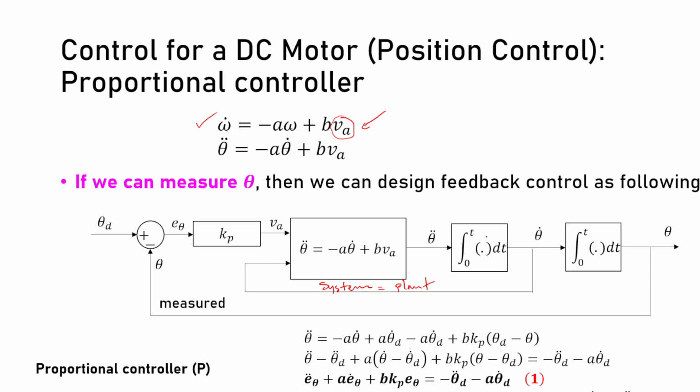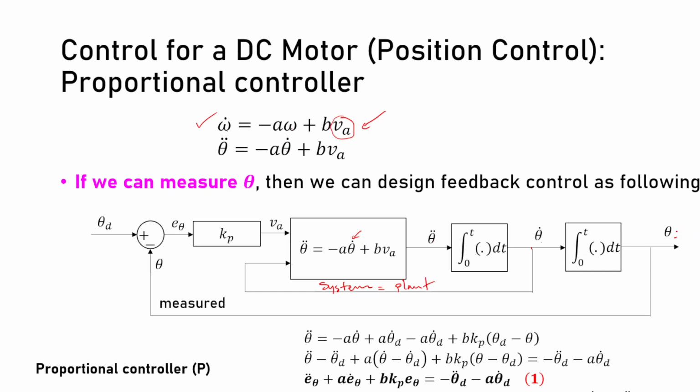Then you put the numerical integrator here, and you have theta dot. Because in this system model you need to compute the right hand side from theta dot, you need to give feedback of theta dot to here. And here in the numerical integrator, you integrate theta dot to get theta. This is what it means.